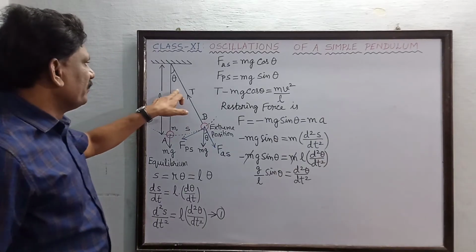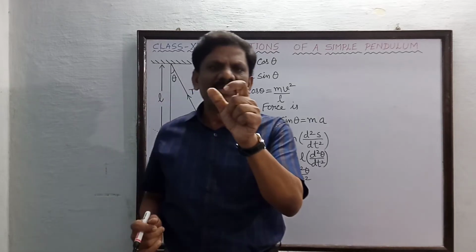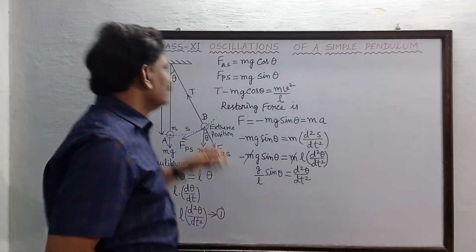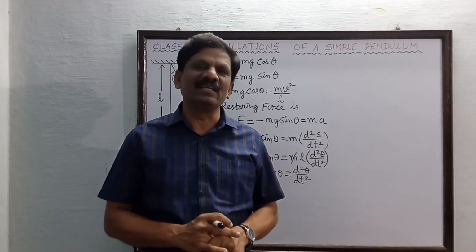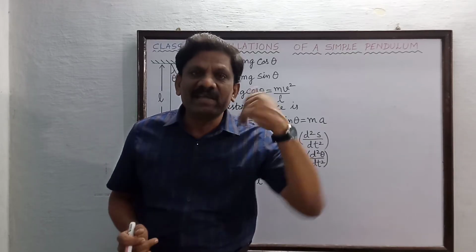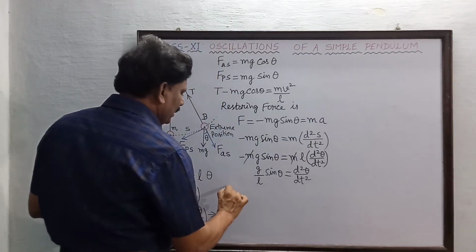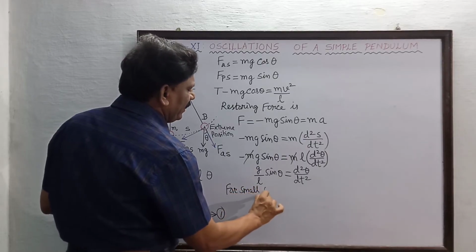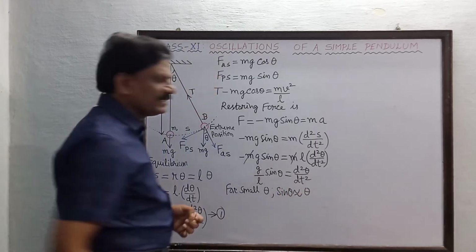From the definition of simple pendulum, we have many times studied that the amplitude of oscillation should be very small. That means the angular displacement also should be very small, less than 10 degree. So when the angular displacement theta is very small, the sine value of theta is nearly equal to theta. So I will write, for small values of theta, sine theta is nearly equal to theta itself.